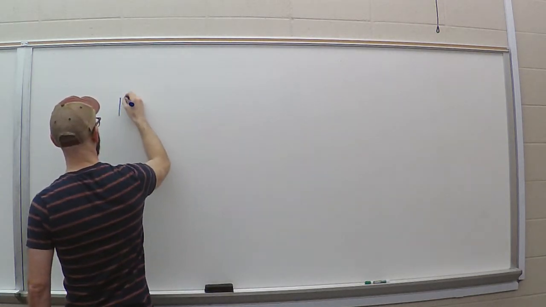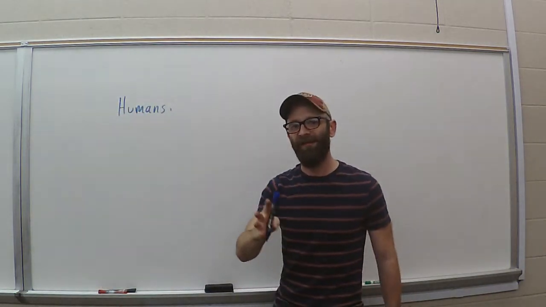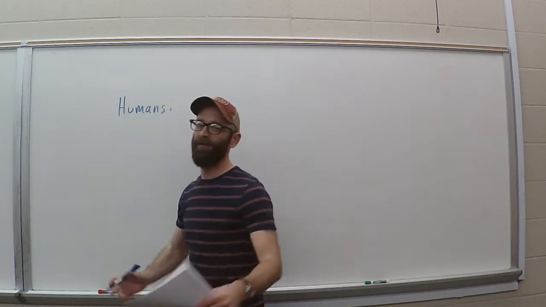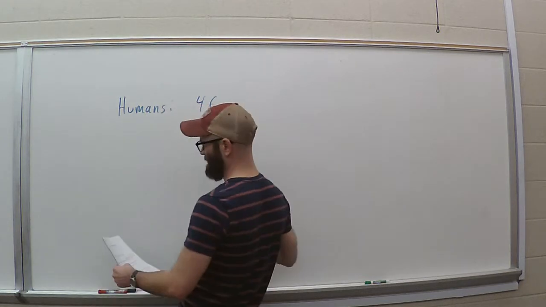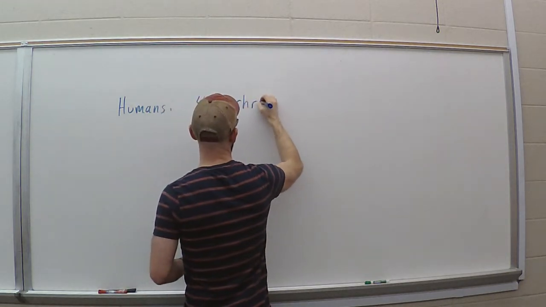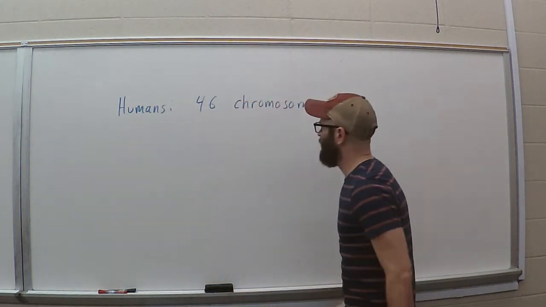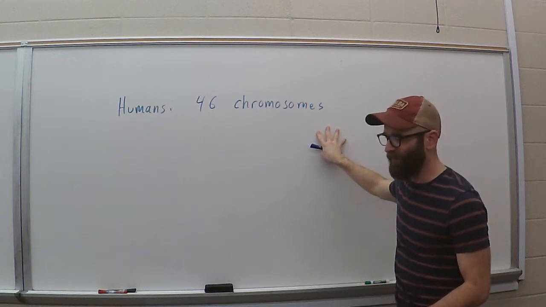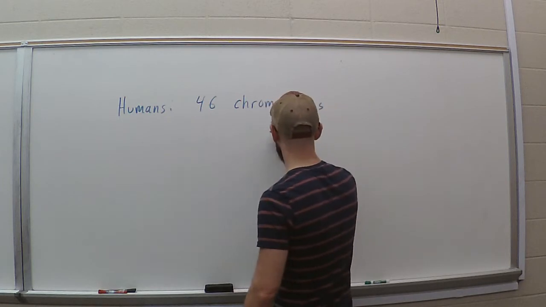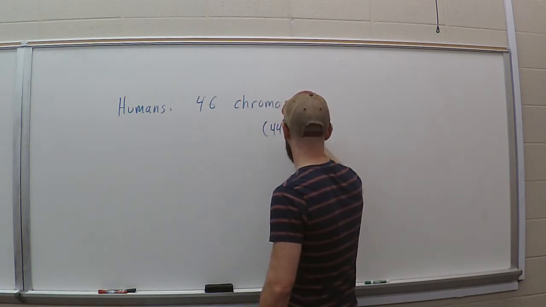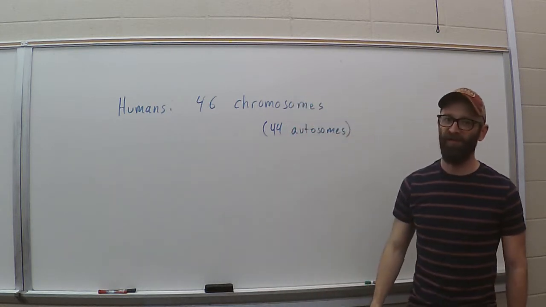Humans have 46 chromosomes, usually. There are exceptions. We're not going to talk about the exceptions. So humans have 46 chromosomes. 44 of them are what we call autosomes.